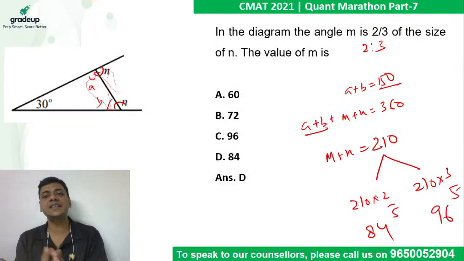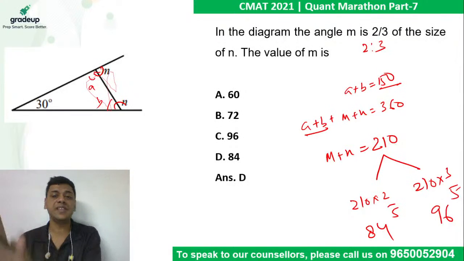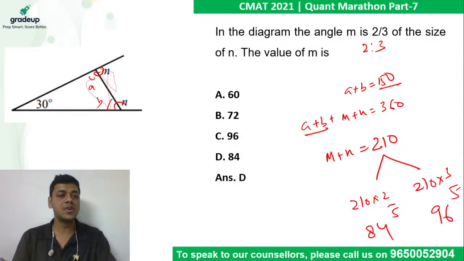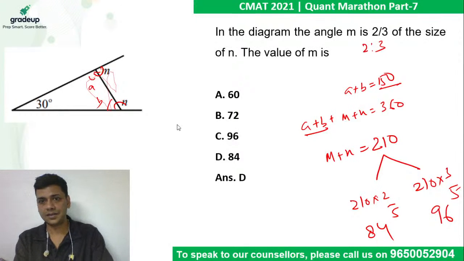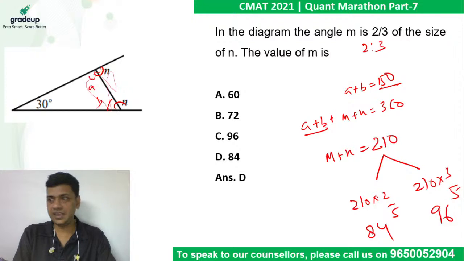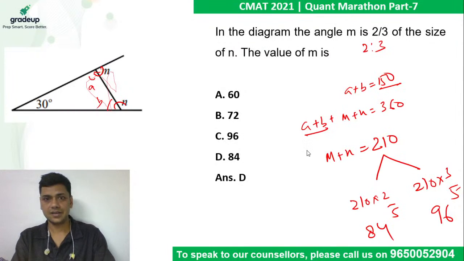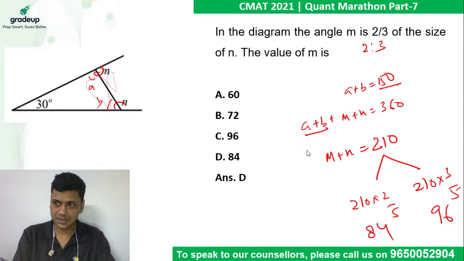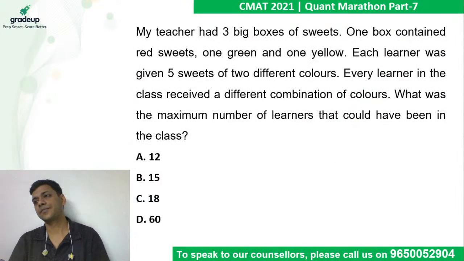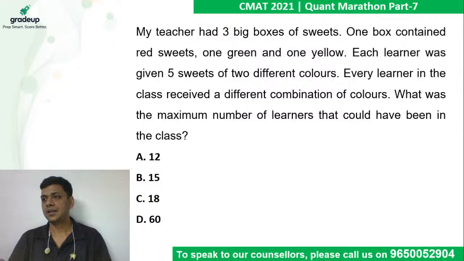Geometry of class 7th, 8th, not even 9th, 10th, and that should be good enough. Is it clear, guys? Any doubt here? Yes, the answer is D. Okay. Let's look at the next one.